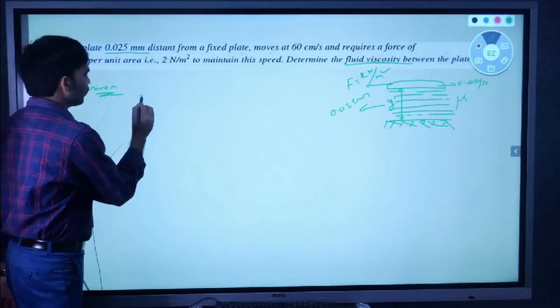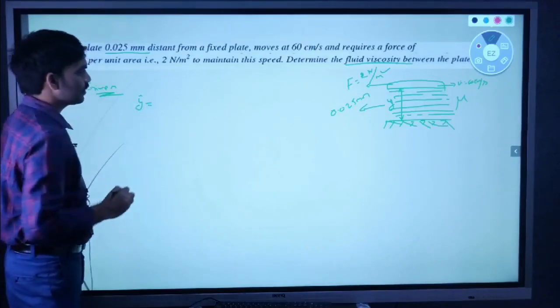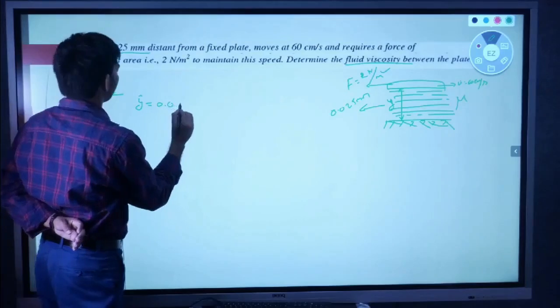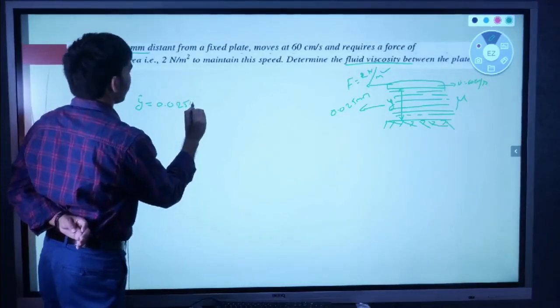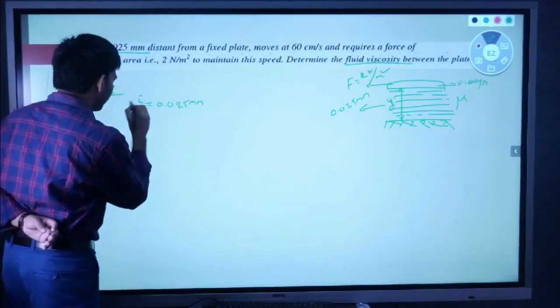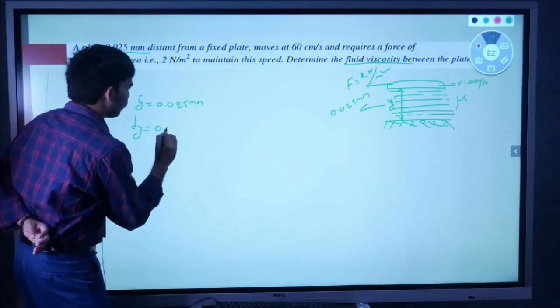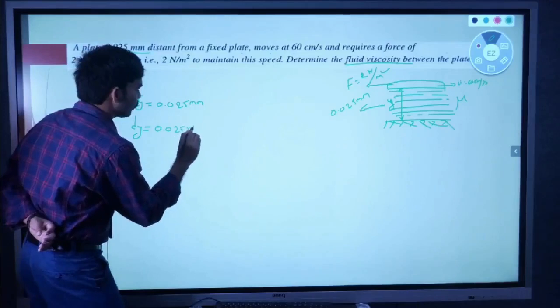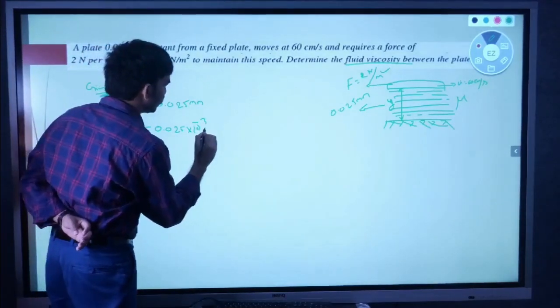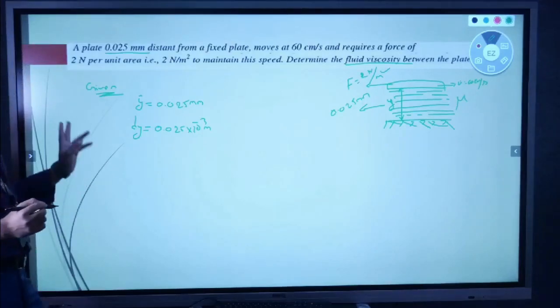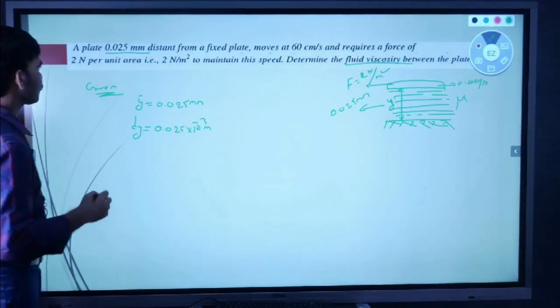First, y is given, 0.025 mm. This is nothing but dy, right? Distance between the plates, that is 0.025 into 10 to the power of minus 3 meter. So I am converting this mm to meters.